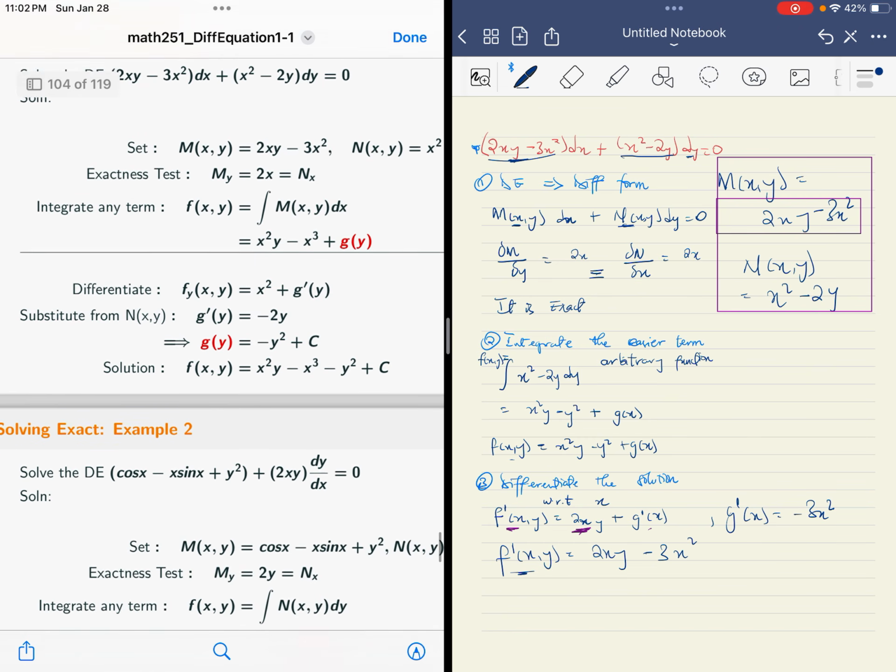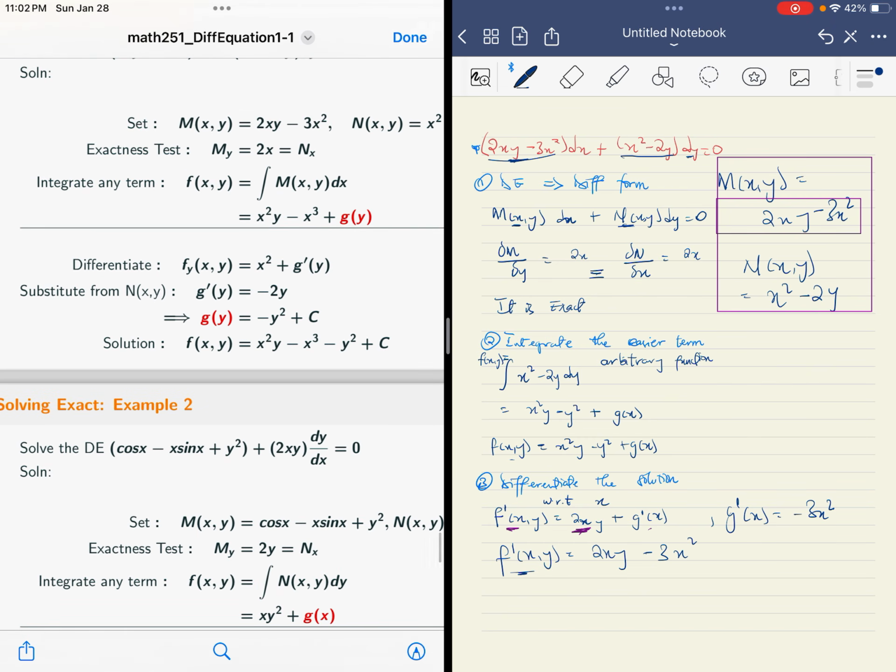All we need to do, so we have g prime of x equals negative 3x squared, but we need g of x to find out f of xy. So all we need to do is to integrate both sides.